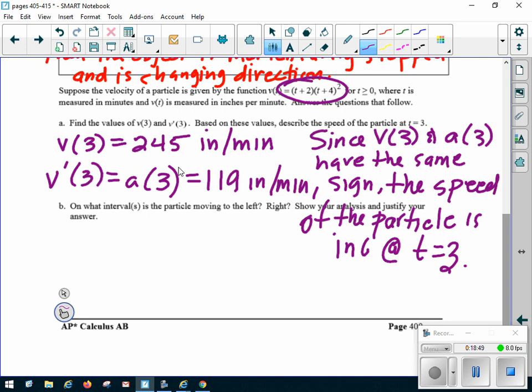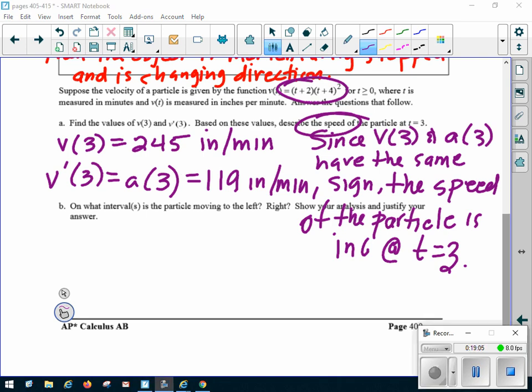Please, if it asks you speed, you got to know velocity and acceleration. Questions? I might have done this wrong, but velocity, speed, and acceleration.